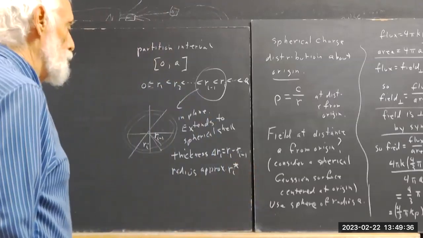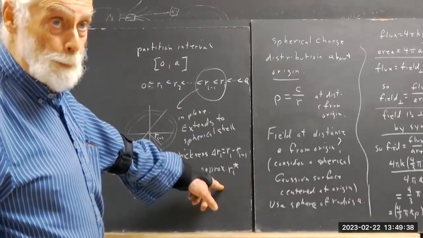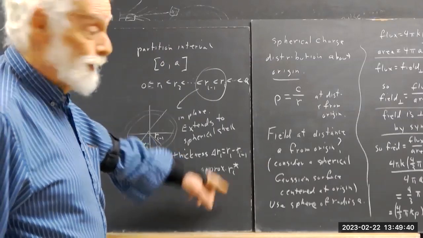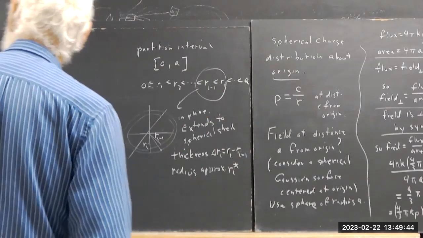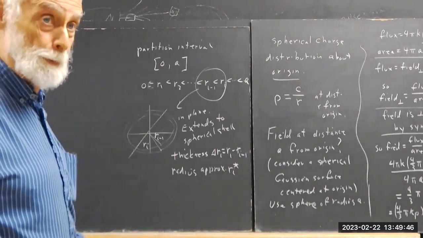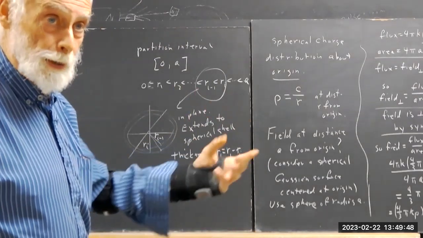And the radius is approximately R sub i star, your sample point within that interval that I haven't documented here, but that's implicit. There's a sample point, and we always have a sample point, and we do things in terms of what happens in the sample.